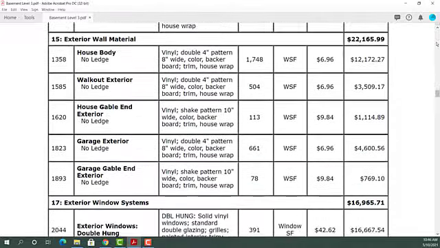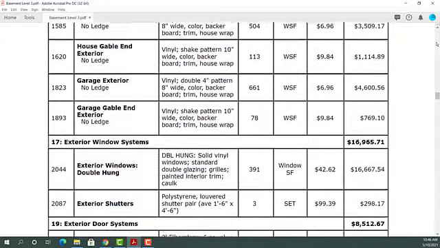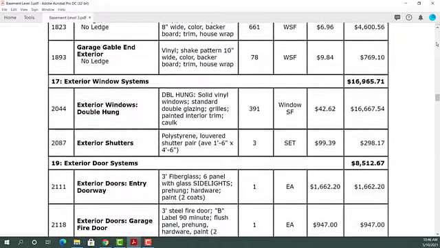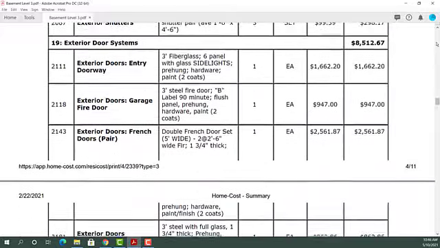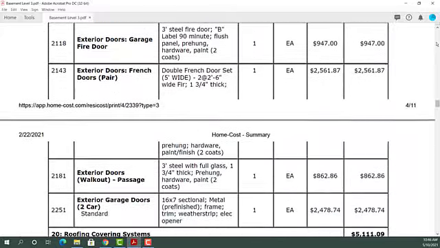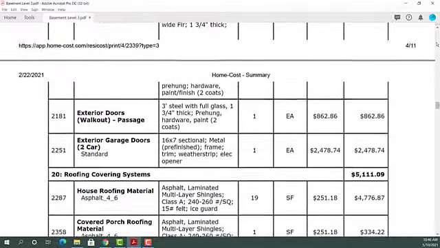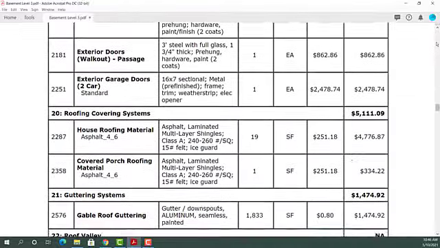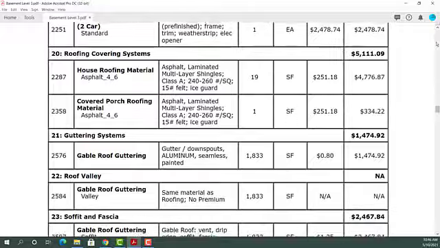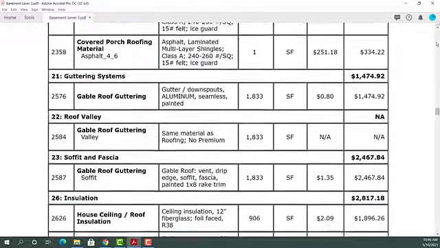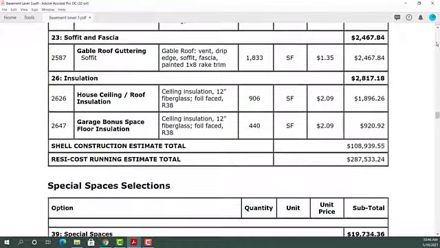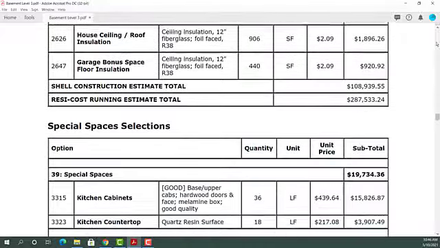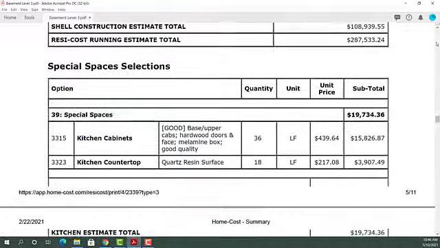And I was also looking at this from the perspective that if I do owner builder, I'm not 100% sure if I'm going to, but if I do, I have a ballpark right now of what these different areas will cost. So when I start getting bids, I'll be able to tell if they're being reasonable, or if they're trying to take advantage of the project in the particular areas that they're bidding.